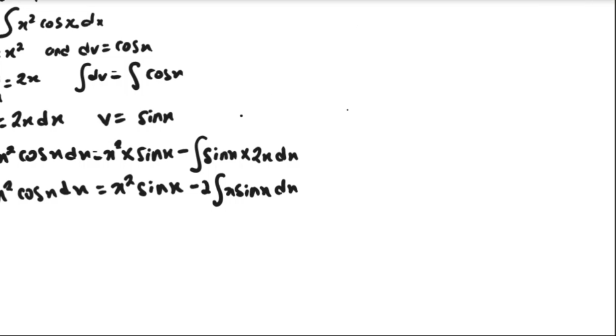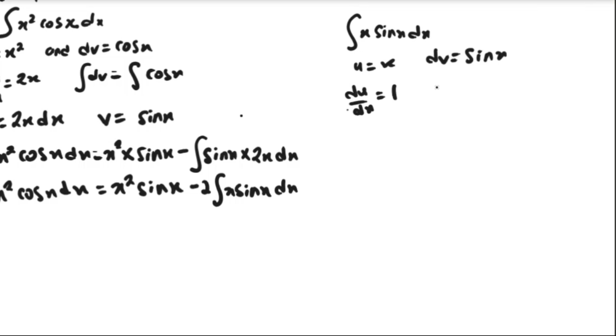So let's say integral x sine x dx. If we take u to be equal to x and we take dv to be equal to sine x, so if we differentiate both sides, du dx here is going to give us 1. So integral dv will give us integral sine x. So from here, it means du is equal to dx.